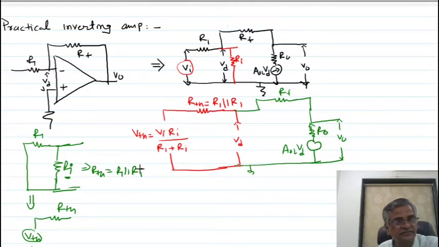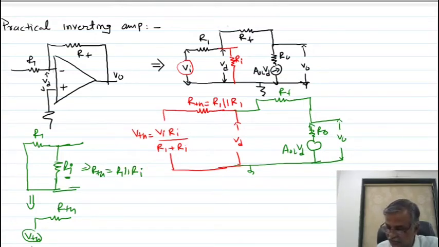Short circuit the voltage source. At that time, the resistance at the output is your Rth. So what is the resistance at the output? When I am making a short here, these two are in parallel, that I am showing you. So this is Rth, that I have written here.